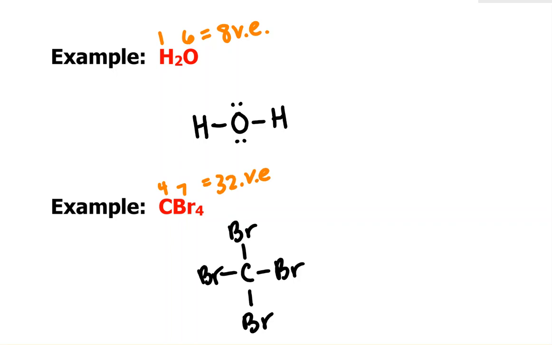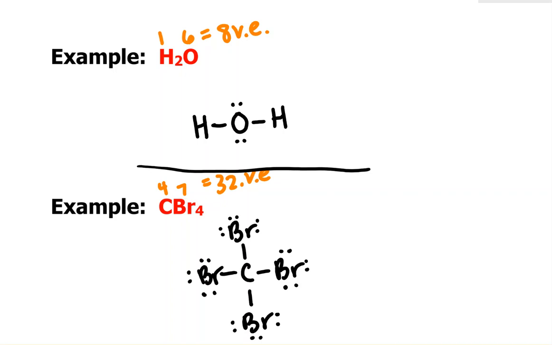Okay, and we're going to start putting the rest of them on. How many do I have on right now? I have 2, 4, 6, 8. Each dash is 2 electrons. So I'm just going to start putting them on and see how it comes out. Put them on the outside first. Make sure everybody gets their octet.